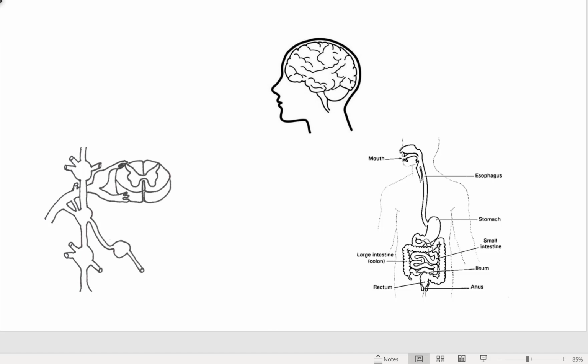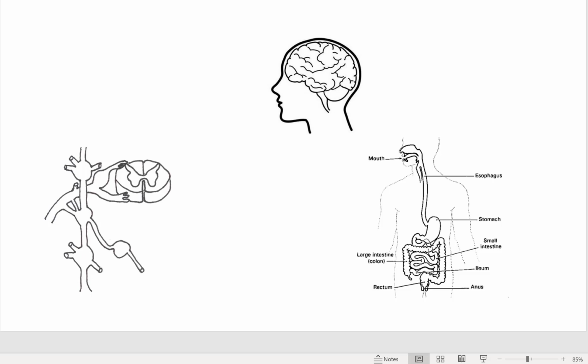Okay, well, the first picture I'm going to draw for us is going to be how we decrease gut motility. Now, which division is in control to decrease gut motility? Any ideas? Sympathetic.